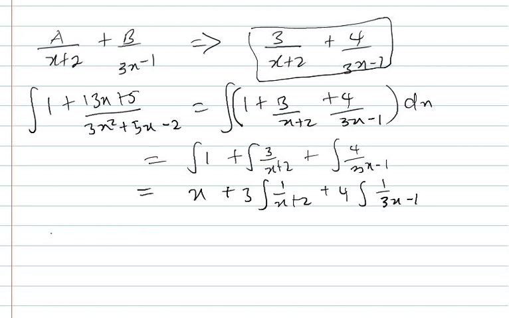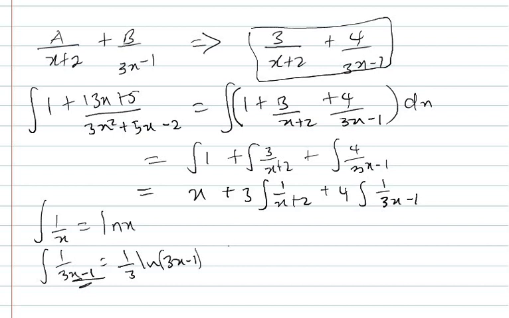But remember, from our table, the integral of 1 over x is ln x, and if you have the integral of 1 over 3x minus 1, we divide by the derivative of the inner term, so 1 over 3 ln of 3x minus 1.